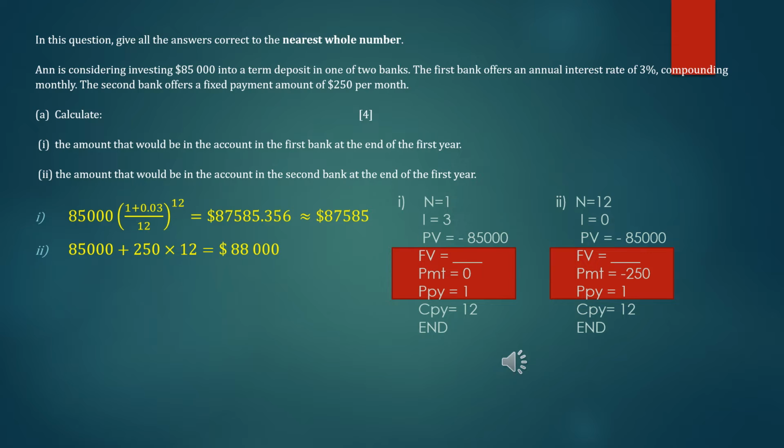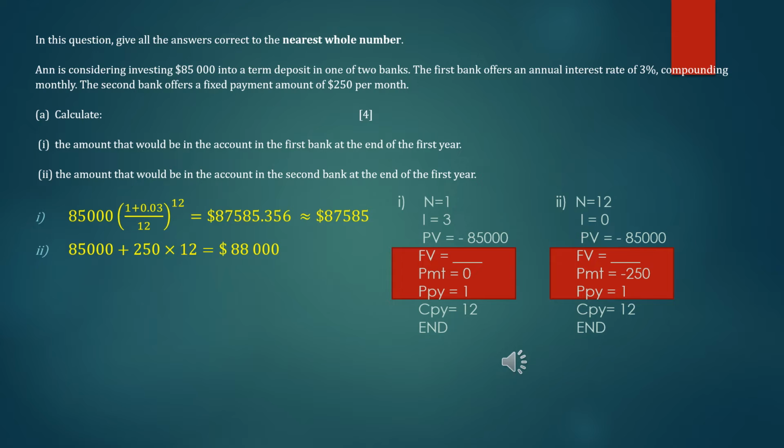So our approximation for this answer, to the nearest whole number, shall be $87,585. Or you can use your finance solver, where n equals 1, I equals 3, PV is negative 85,000.